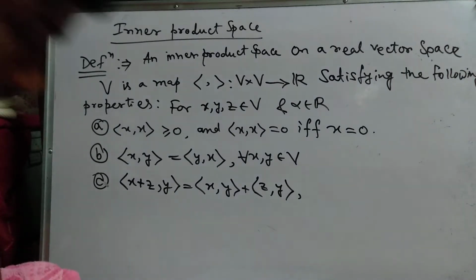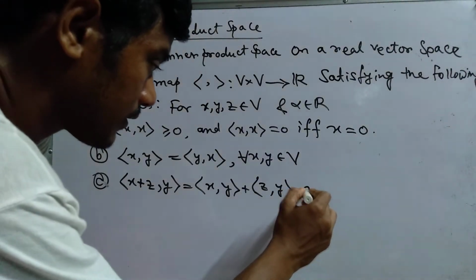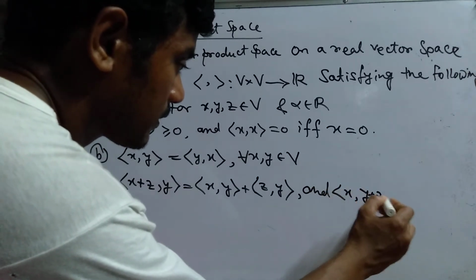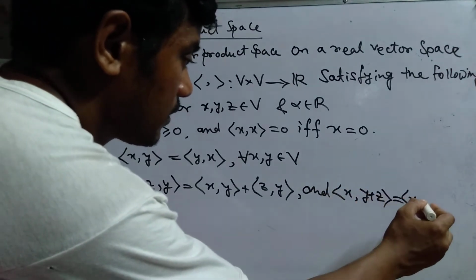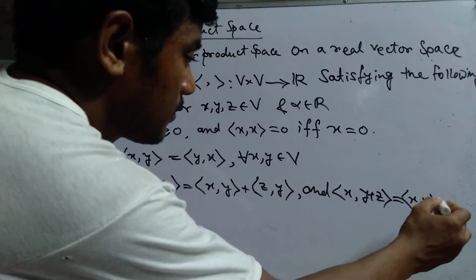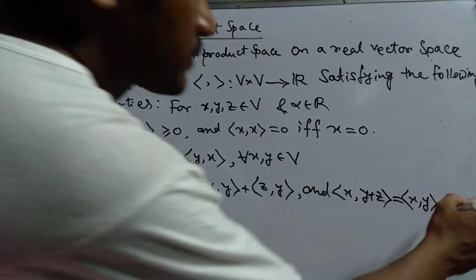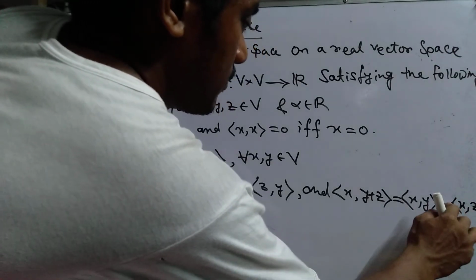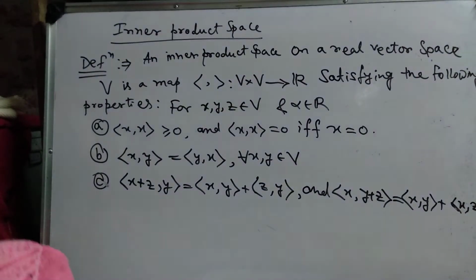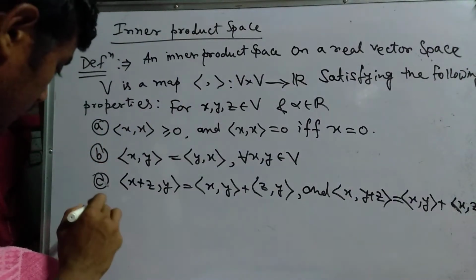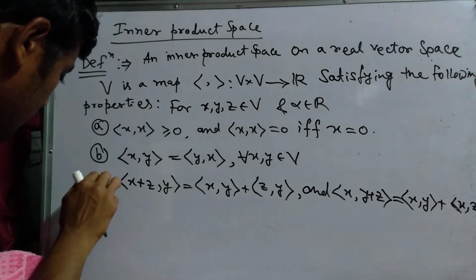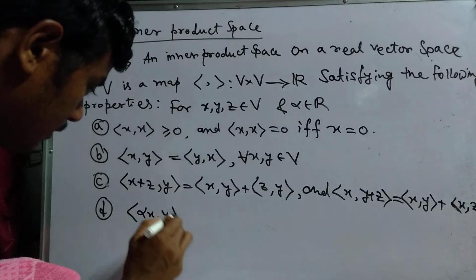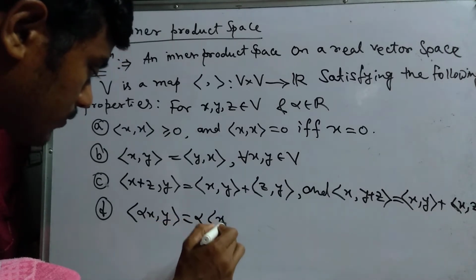Again, x inner product (y plus z) equals x inner product y plus x inner product z. And property D: alpha x inner product y equals alpha times x inner product y.